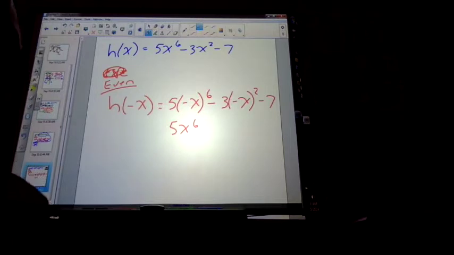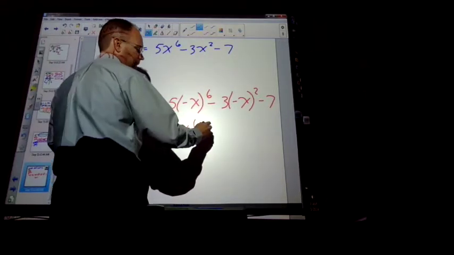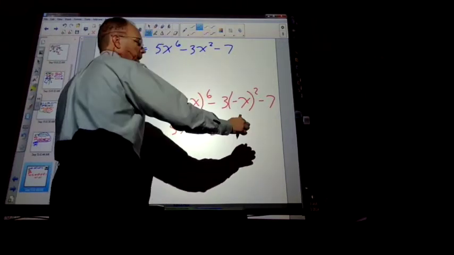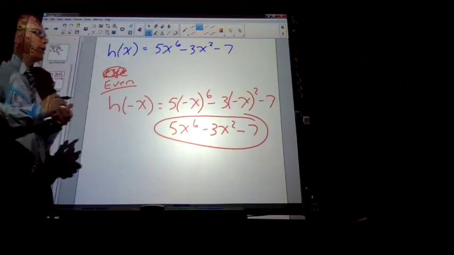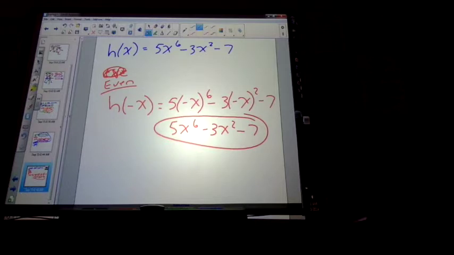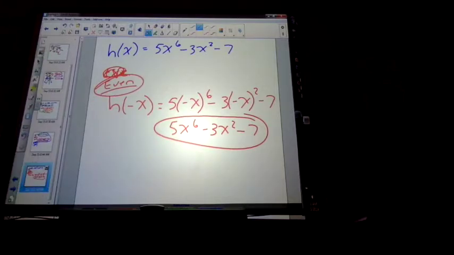And if I take negative x multiplied by negative x, what do I get? Positive x squared. Positive x squared times negative 3 is negative 3x squared. And then I didn't plug anything in here. Is this the same as our original? What kind of function do we have? Even. Do I have to test for odd? We're done. Okay?